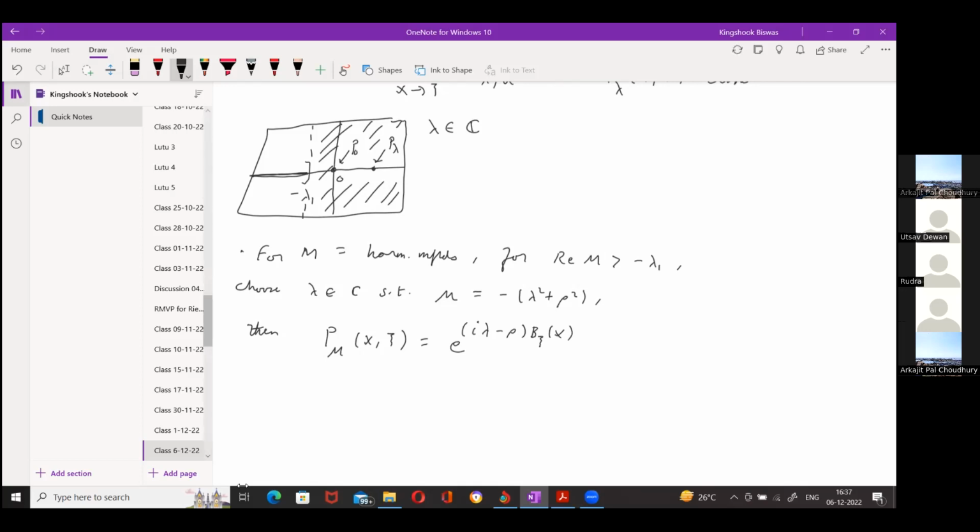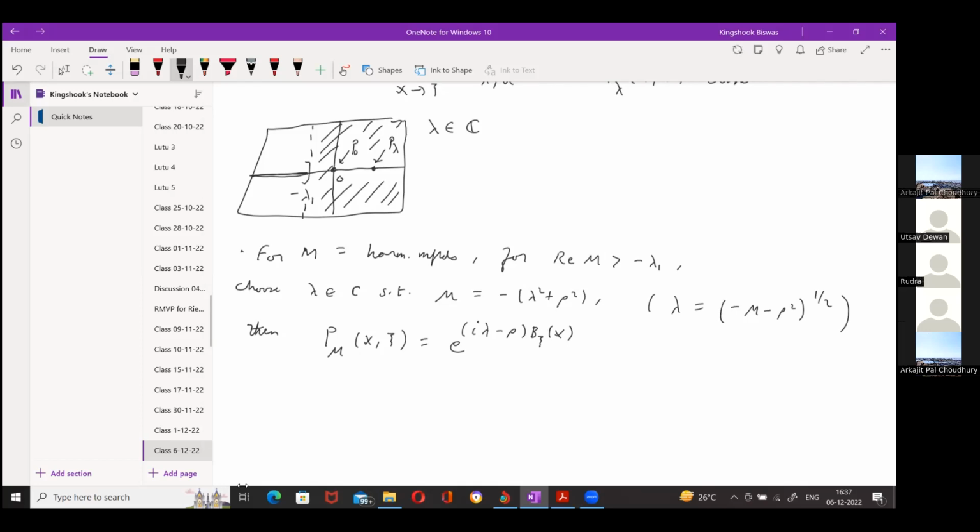So you see, this lambda is a square root of mu, right? So lambda squared is minus (mu minus rho squared).